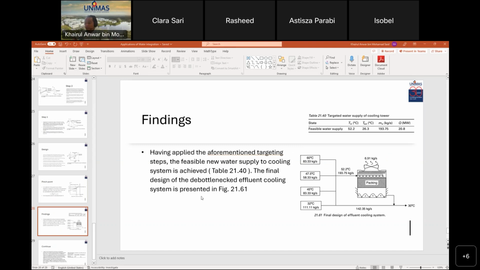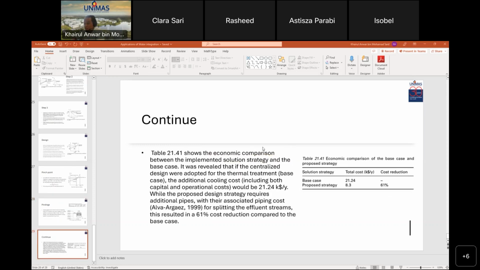The final design of the debottlenecked effluent cooling system is shown in figure 21.6.